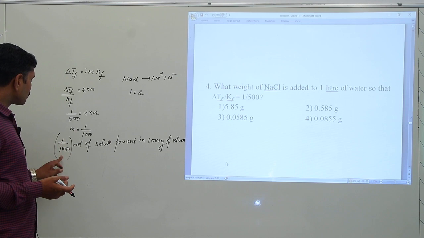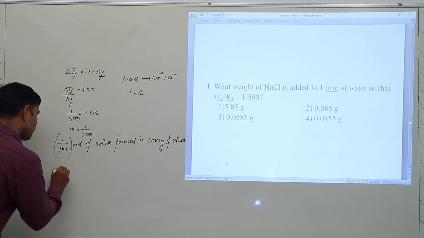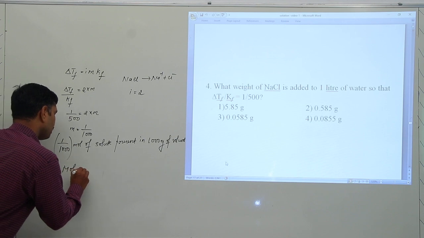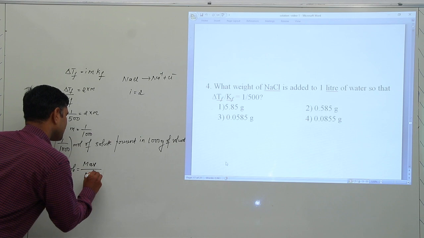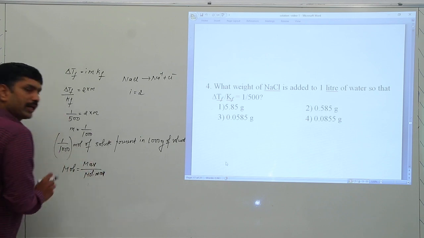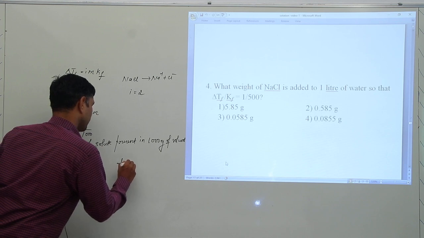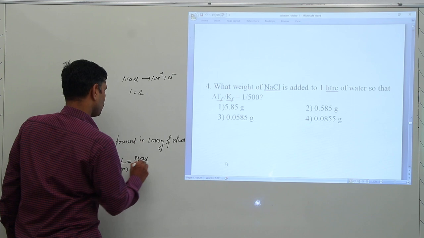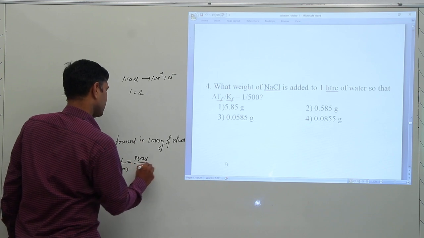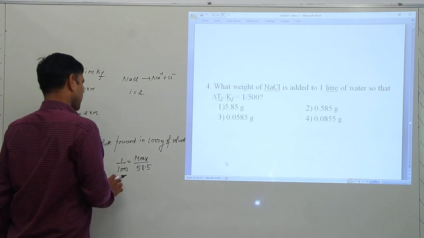So what is the mole of solute here? 1 by 1000. This is the mole of solute. We know the mole formula: mole is equal to mass divided by molecular mass. Here the mole is 1 by 1000, and we find the mass. The molecular mass of sodium chloride is 58.5.